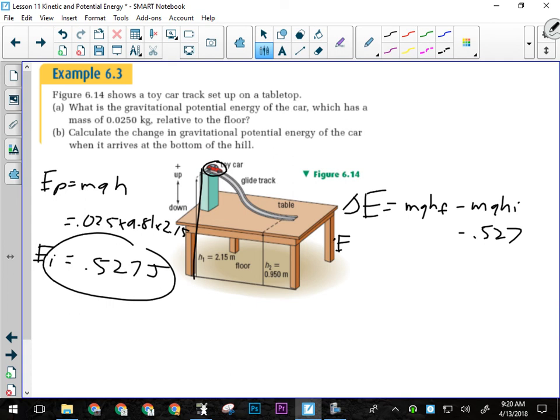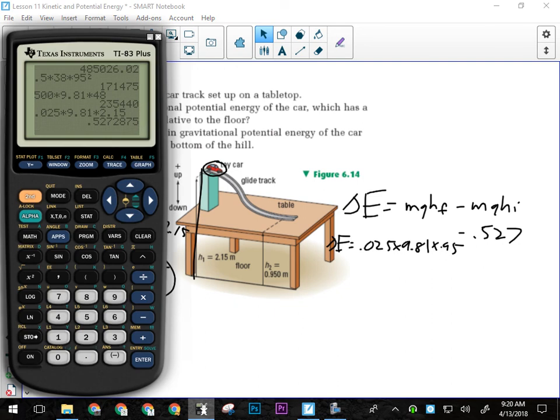So my change in potential energy will be 0.025 times 9.81 times the height of the table here for my final 0.95. All right, so the change is negative 0.29 joules.